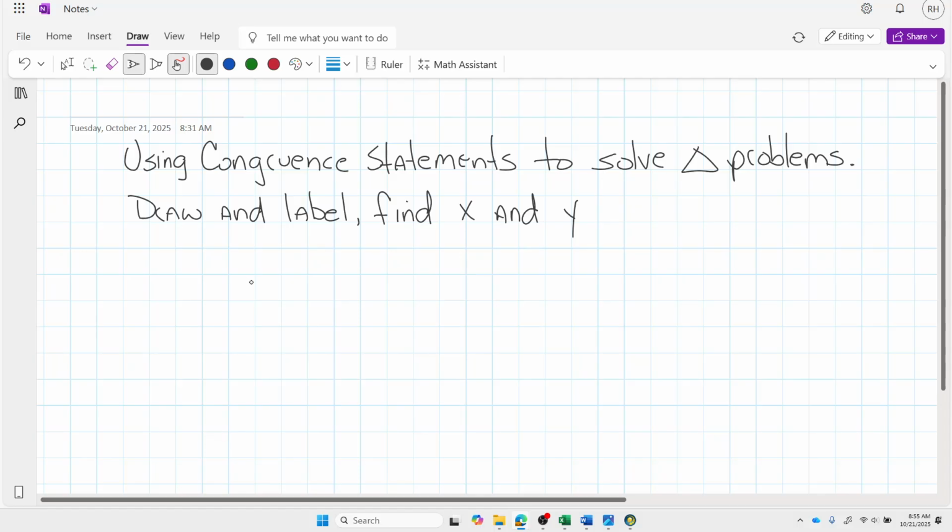And here's the information given. Triangle ABC is congruent to triangle DEF. AB equals 7. BC equals 9.